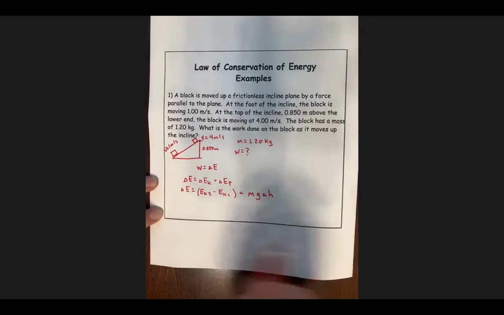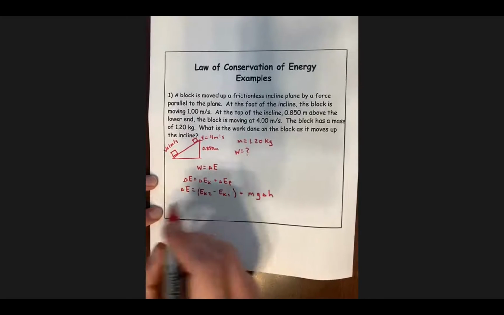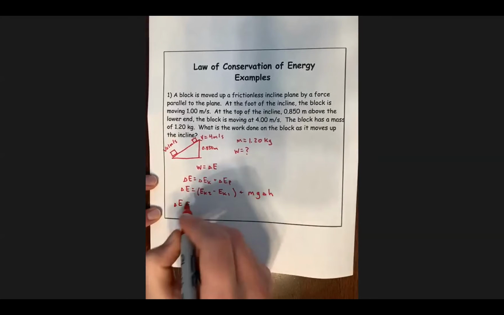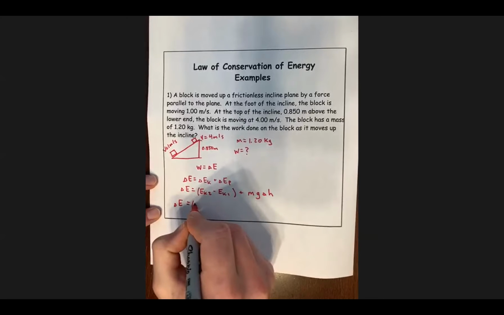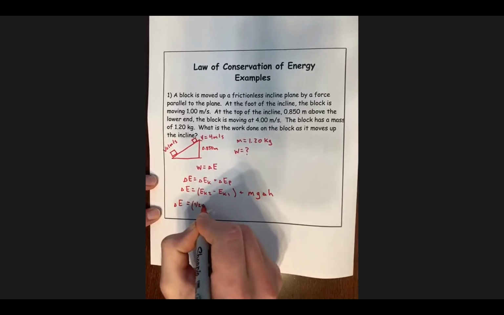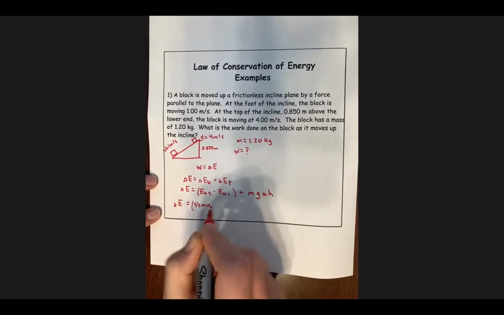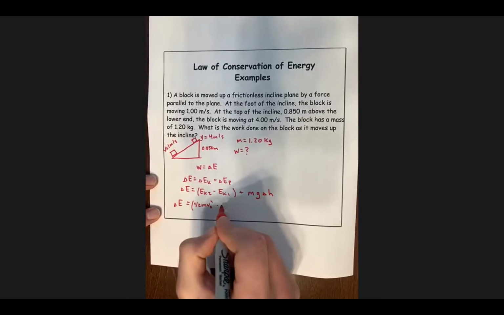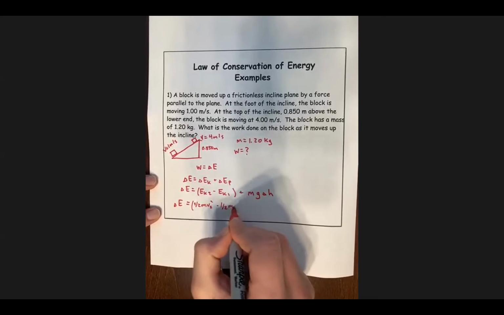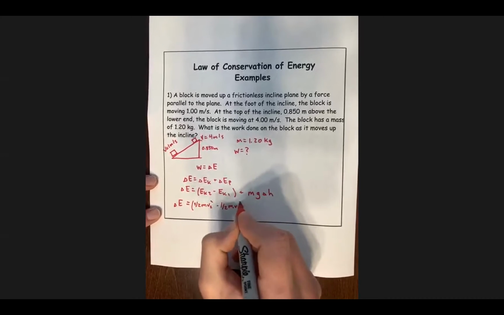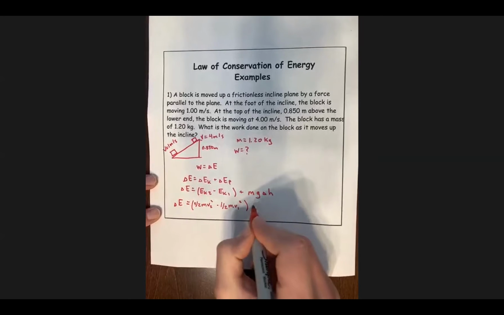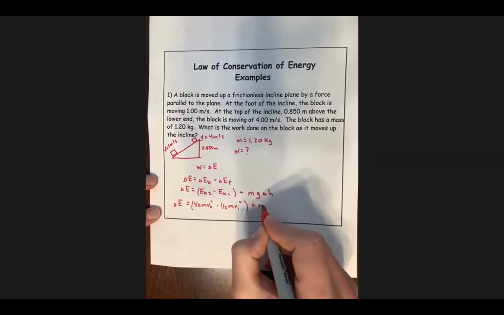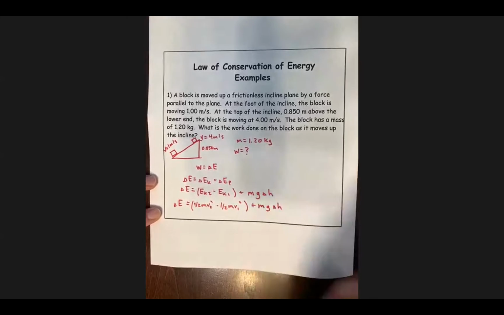We will continue to expand this. EK2 is 1/2 mv2 squared, our second velocity squared, minus 1/2 mv1 squared, plus, and that's just going to stay the same, mg delta h.